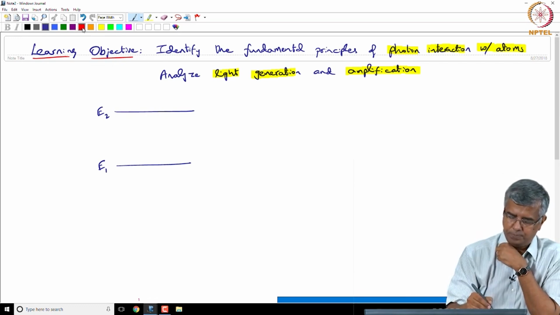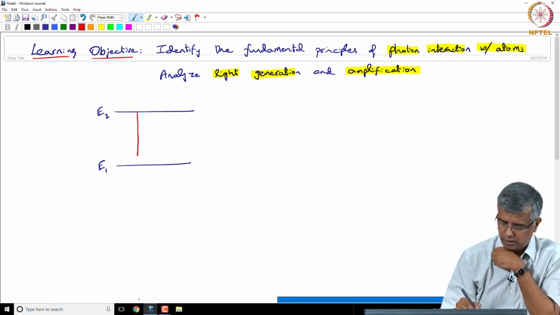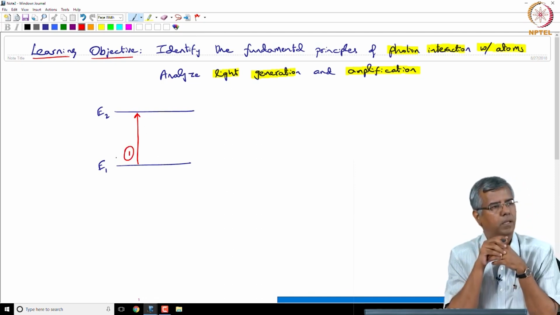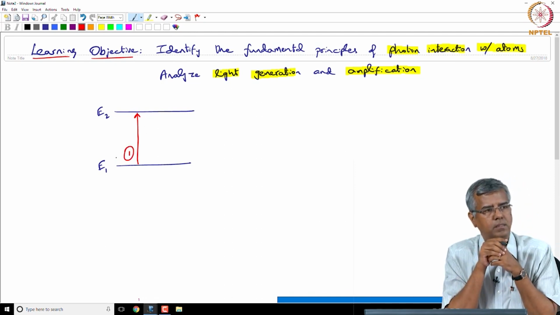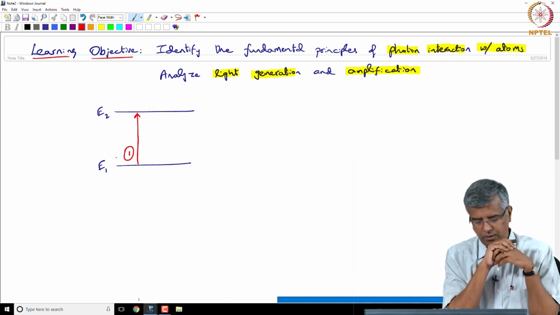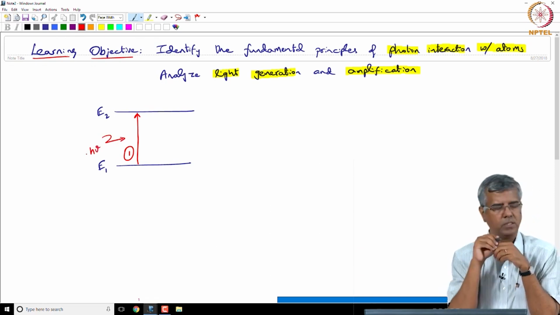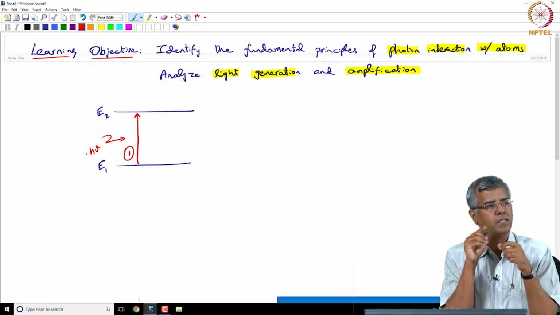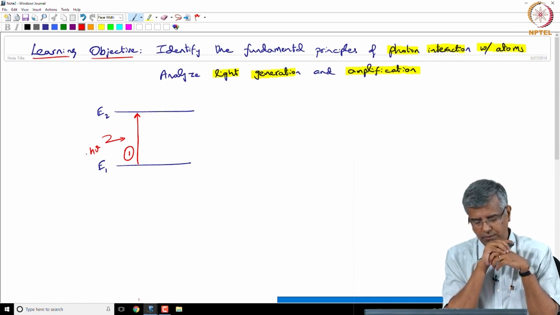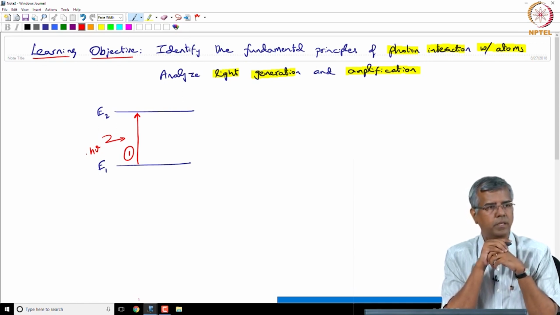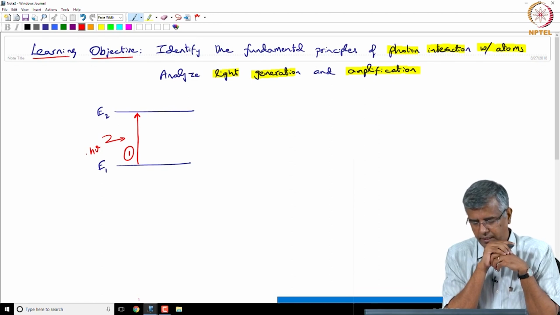We already said one possible process is light absorption: if you come in with h nu such that h nu corresponds to the energy difference, h nu equals E2 minus E1, then an absorption process happens.